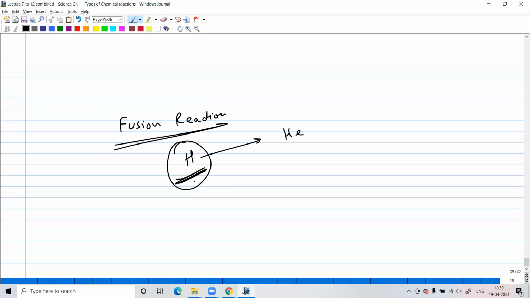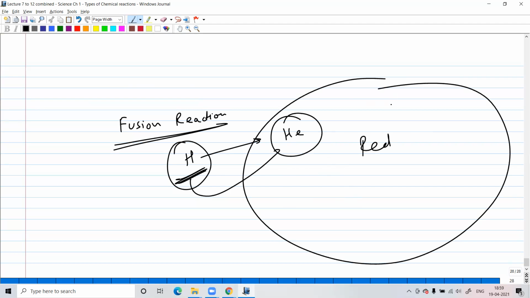When all this hydrogen on the star gets used up, when there is no more hydrogen to convert to helium, then another chain of reaction starts. And that is when the end of the star's life starts. The star dies at that time when all the hydrogen gets over. And when that happens, a star like the sun will become a red giant star. It'll swell very.